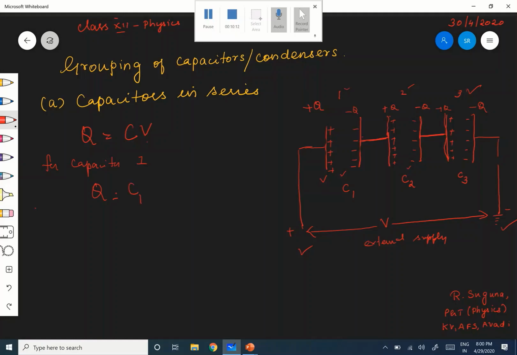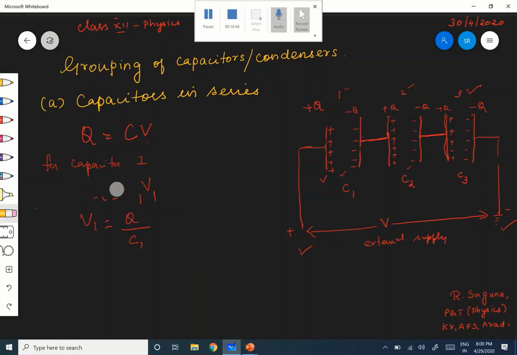Your Q is the same. Therefore, the potential drop across the plates of the first capacitor will definitely be different, V1. Why? Because V1 is equal to Q divided by C1, the potential drop.